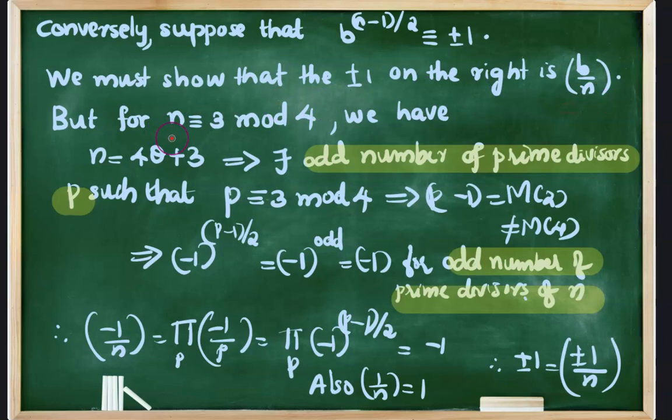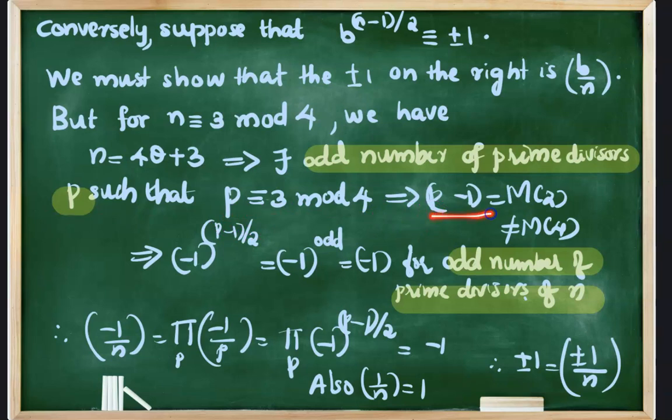Now, we are given the condition n is congruent to 3 modulo 4. So, we can write n as a multiple of 4 plus 3. Hence, we have already seen that whenever n is congruent to 3 modulo 4, there exists an odd number of prime divisors p of n such that p is congruent to 3 modulo 4.